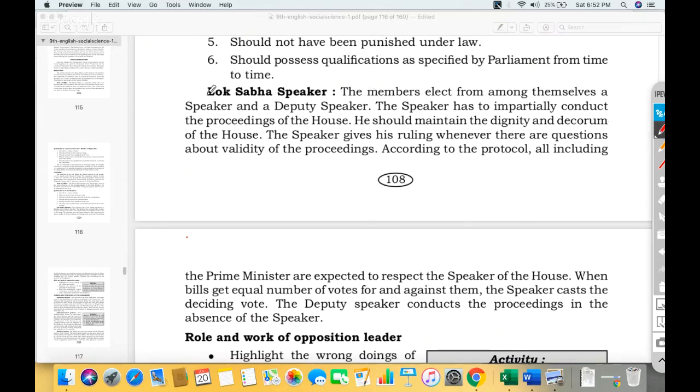Lok Sabha Speaker. The members elect from among themselves a speaker and deputy speaker. I already discussed this. The Speaker has to maintain impartiality. So try to understand. Currently, the Speaker of Lok Sabha is Mr. Om Birla.